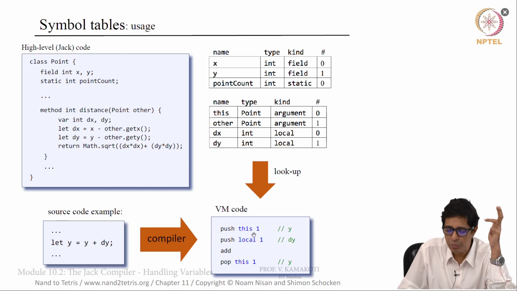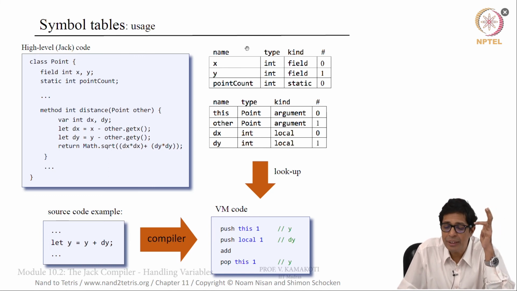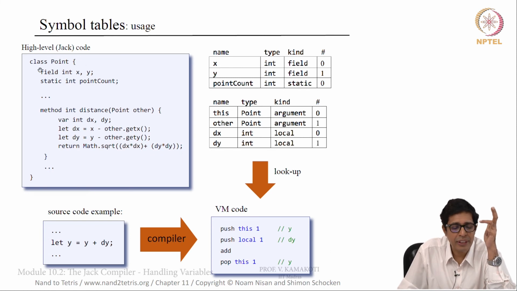Now, what is y? Immediately you go to the symbol table, which is created before you come here. So, that's the class. Let us say the statement let y equal to y plus dy is somewhere here. By the time I start executing this, the class symbol table will be created, and for the current method, that symbol table will also be created, right. So this will be available.